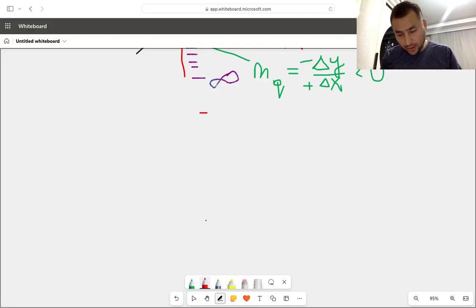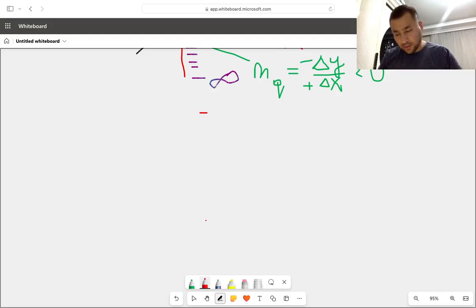So basically the slope is the ratio of the change in y and x, okay? Let me explain that with this. Because writing is difficult on a Mac mousepad, I'm using my iPad.